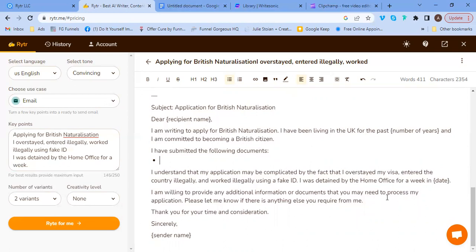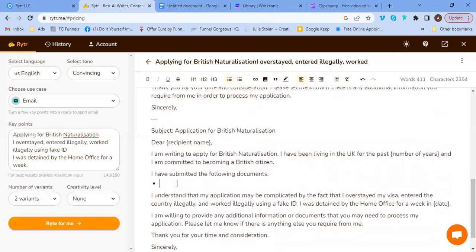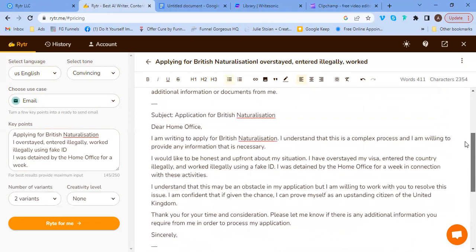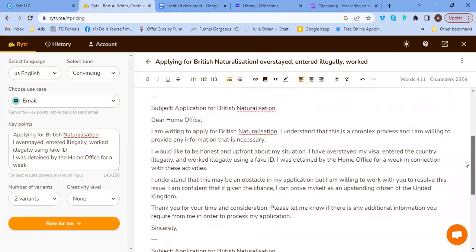So you have to be absolutely thorough. Okay, so this is the writer AI that will allow you to write a letter to the Home Office without any difficulty. It's very easy. So, okay, that's the British naturalization.